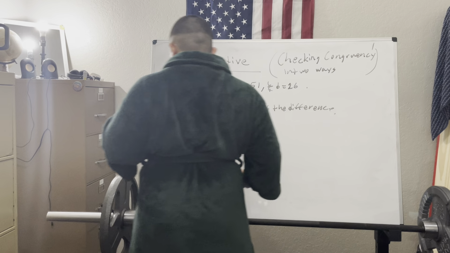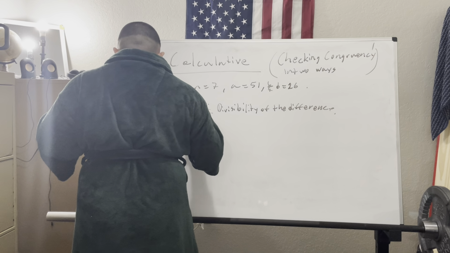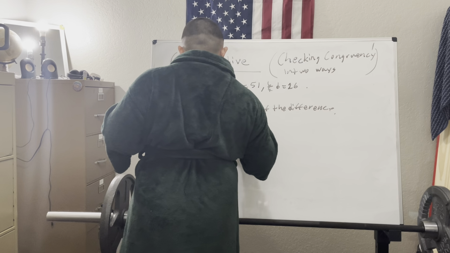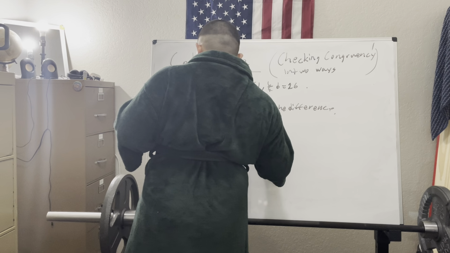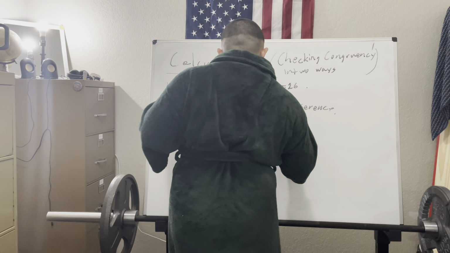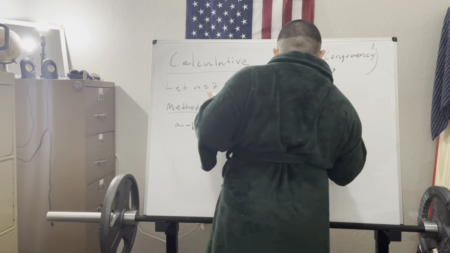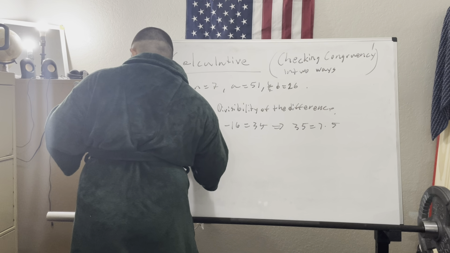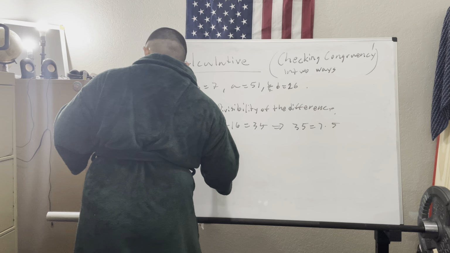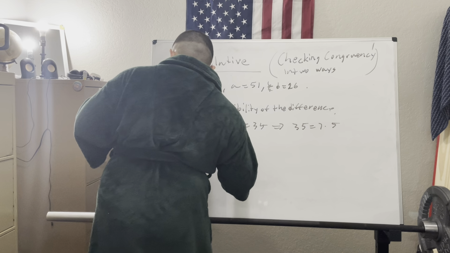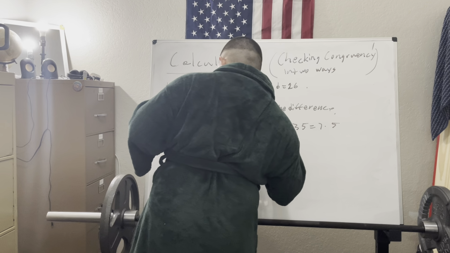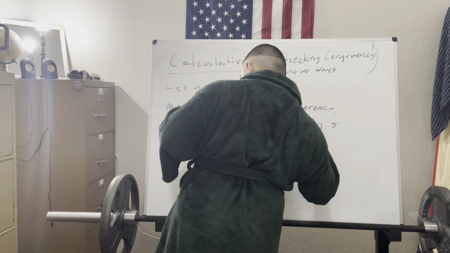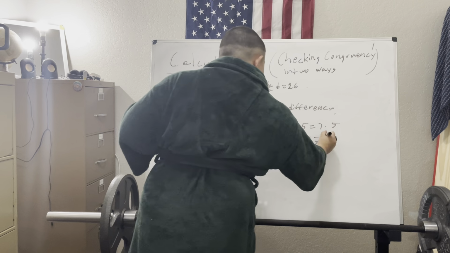So a minus b is equal to 51 minus 16, which is equal to 35. Now, 35 is equal to 7 times 5. So 7 divides a minus b. So 51 is congruent to 16 mod 7. Fair enough?